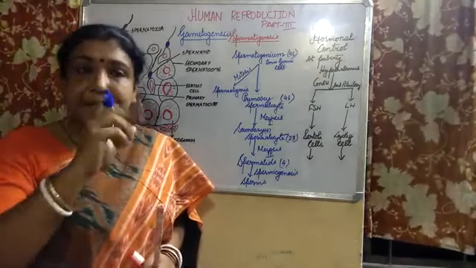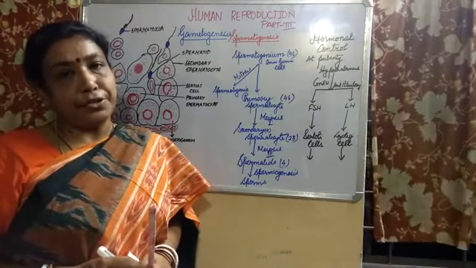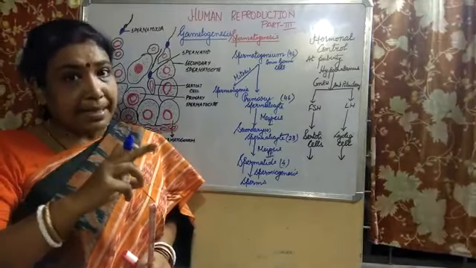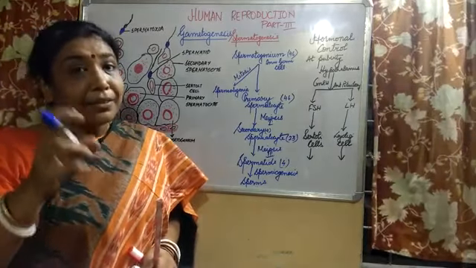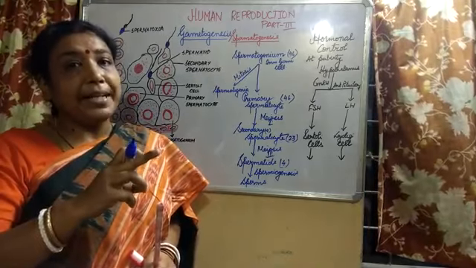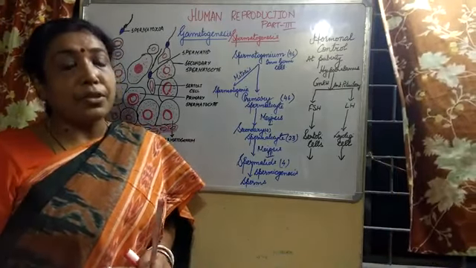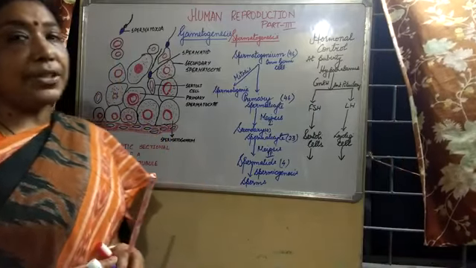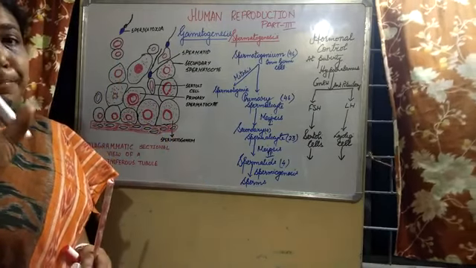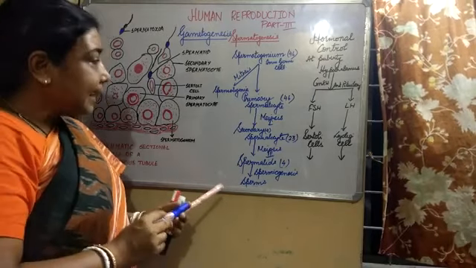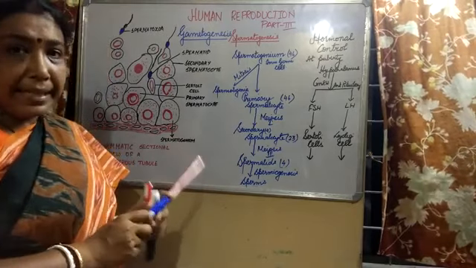How? That we are going to deal with today. With gametogenesis, what type of gamete? The male gamete. And since we will be dealing with the formation of male gametes, the process is known as spermatogenesis. So first of all, let us see what it is.